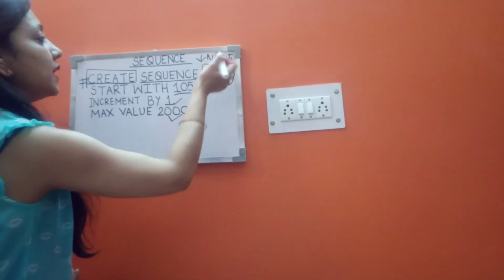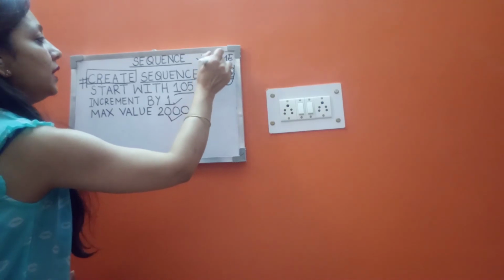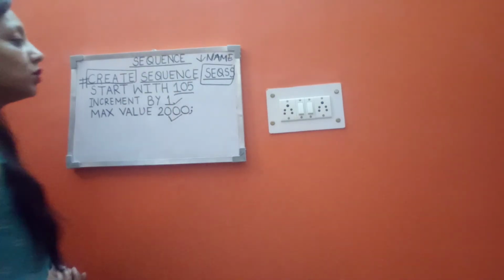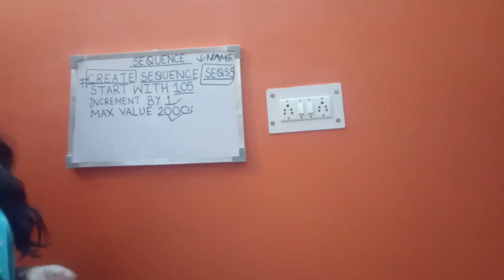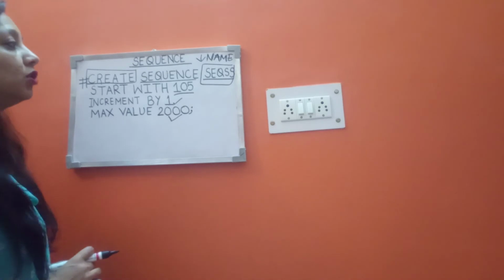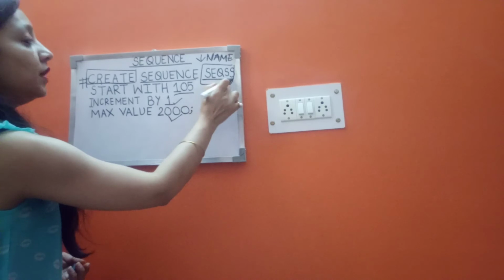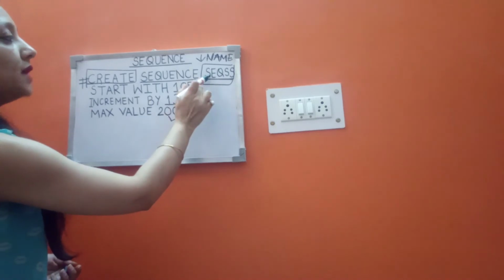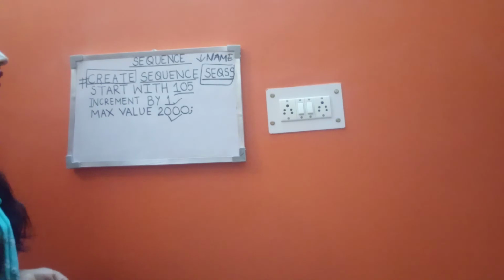Just like we give names to tables and views, similarly we give names to sequences, so it has a particular name by which it will be recognized. In this case we have given the name sequss.